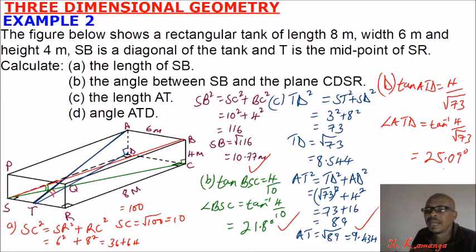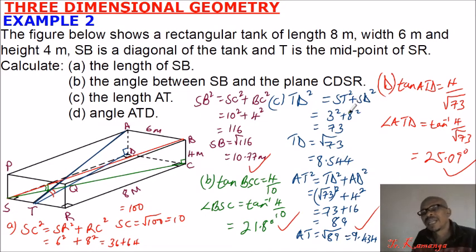So that is the angle ATD, and that is how you work it out. Note that we have applied a lot of knowledge of the Pythagoras theorem, so it is very important. In maths, you need to understand everything you do, because if you don't understand the Pythagoras theorem, which we apply in a right angle triangle, then you may not be able to solve this.